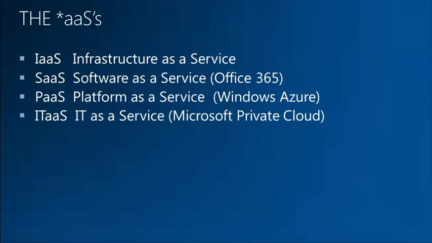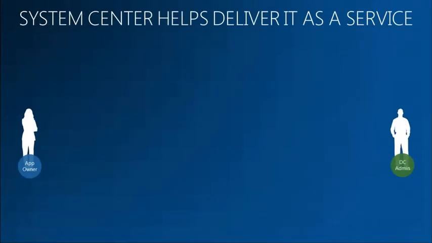Some people think that because it's infrastructure as a service, it has to be private cloud, and that's not really part of the definition of the way that works. But all these are pieces of the way that we build IT as a service, allowing us, with the tools that are out there today, especially with all the announcements today at the keynote, to build out and provide a level of service to our end users or to the applications that we support.